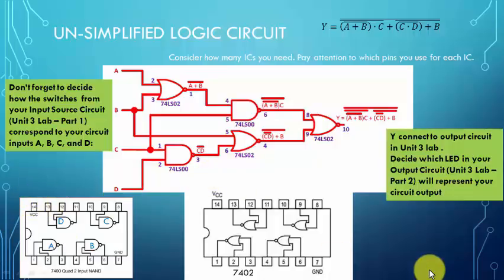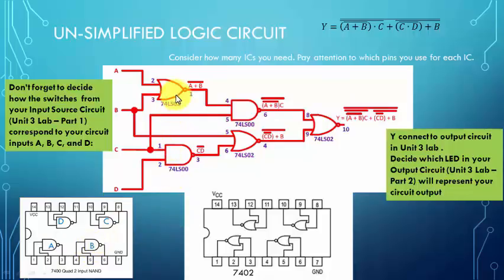for each IC. And so based on that, it seems like we need 3 NOR gates and 2 NAND gates. And since each IC has 4 gates, you can pick whichever gates you like to use. So here for the NAND gates, we use this one and this one.